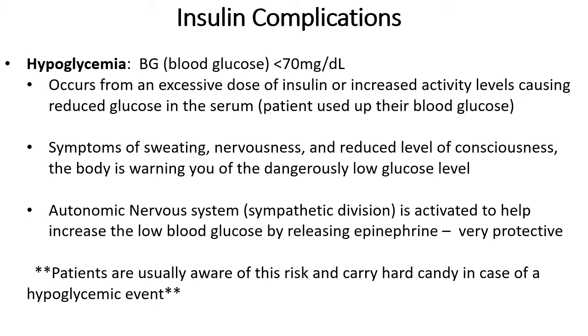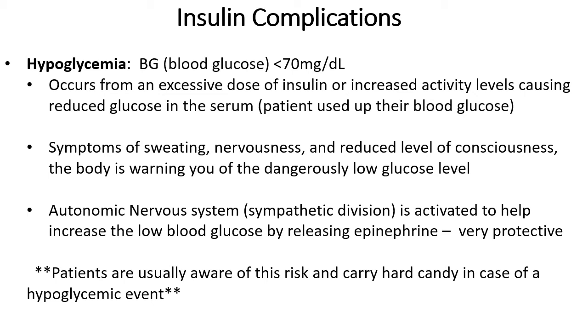So what's going to happen? So symptoms of sweating, well, that's your sympathetic nervous system turning on, warning you, I'm going to make you sweat. Tachycardia, nervousness, and at the same time, by the way, the sympathetic nervous system is going to the liver and telling the liver to break down glycogen to glucose, to bring up the serum glucose, okay?